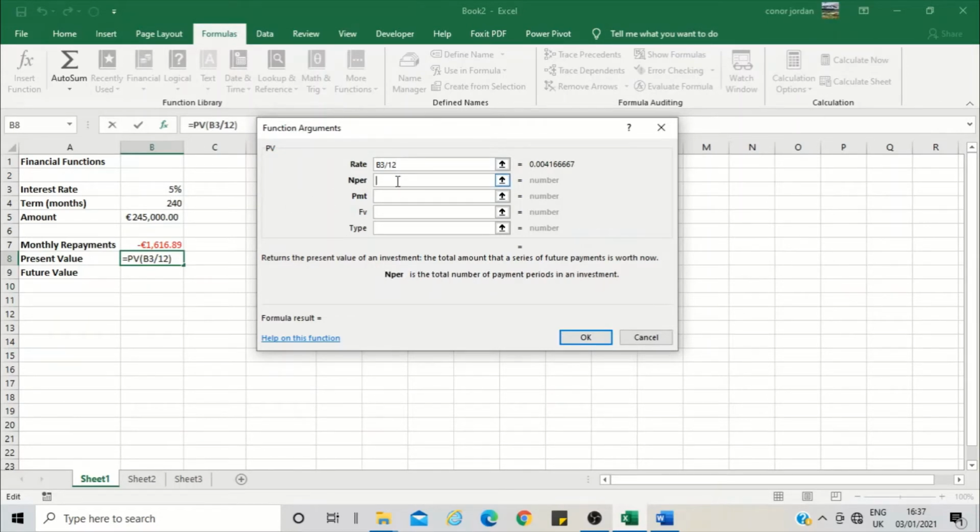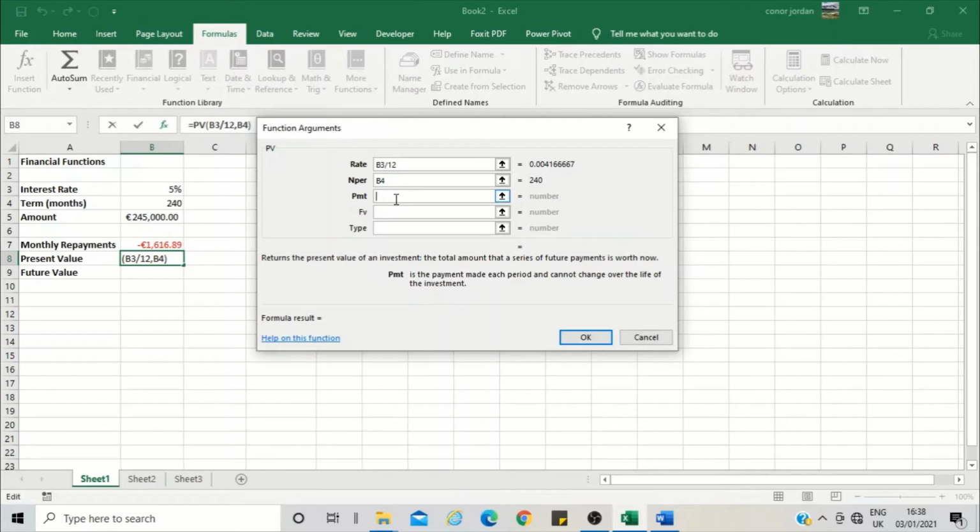The NPER, which is the number of payment periods in an investment. As this is a monthly investment, it's going to be the term of the loan, which is 240.